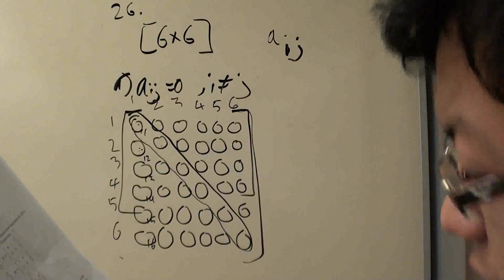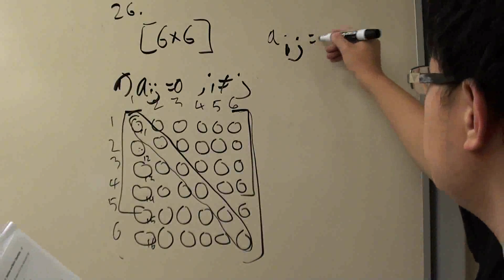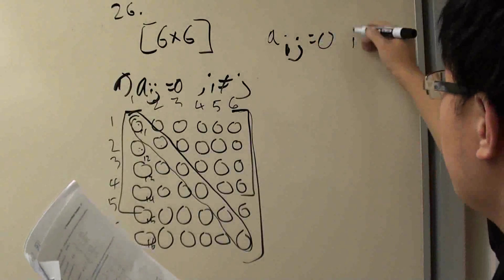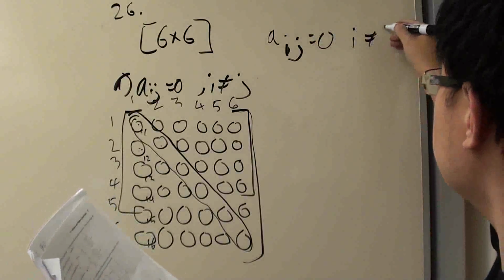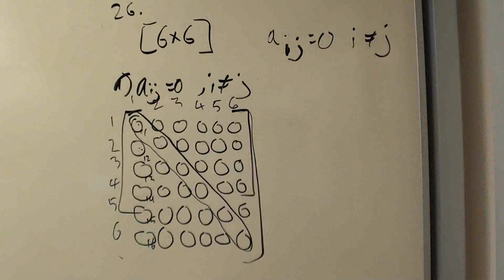It says Aij must be 0 if i cannot equal j. Okay, so i and j, as we remember, i is the number of rows and j is the number of columns.